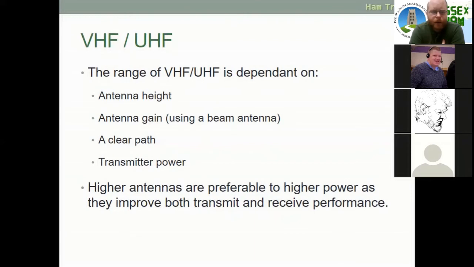But you're more likely to get out if you're using the full 10 watts than you are if you're, say, using 5 watts. But if you're only trying to transmit to someone down the road, you may wish to use less power. The higher antennas are, that is more preferable to having high power, as a higher antenna and a good antenna will improve both transmit and receive performance.